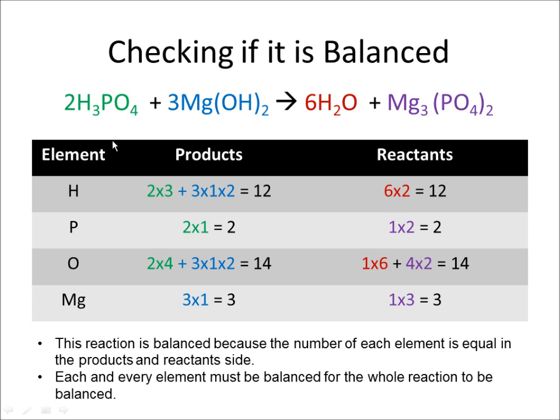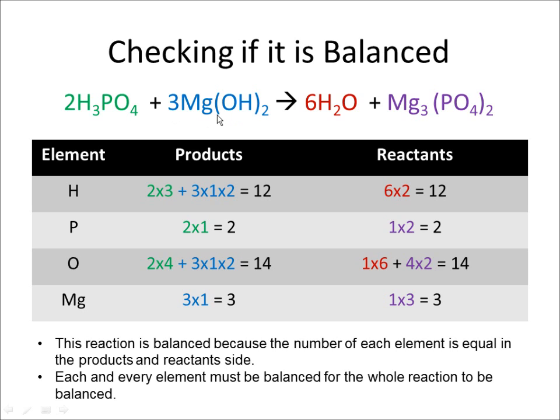Let's go through molecule by molecule and see how many H's they give us. So for phosphoric acid, there are 2 times 3 H's, so that's 6. And for magnesium hydroxide, each magnesium hydroxide has 2 H's because it has 2 hydroxides.